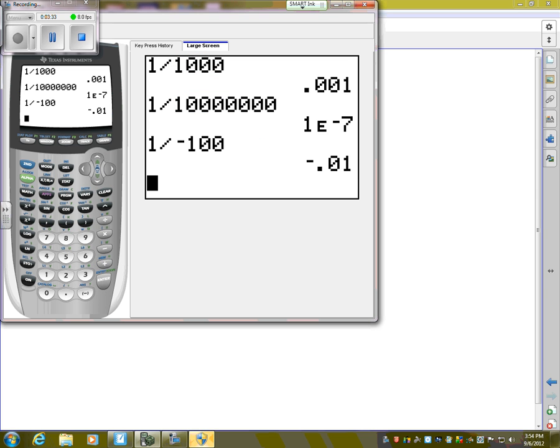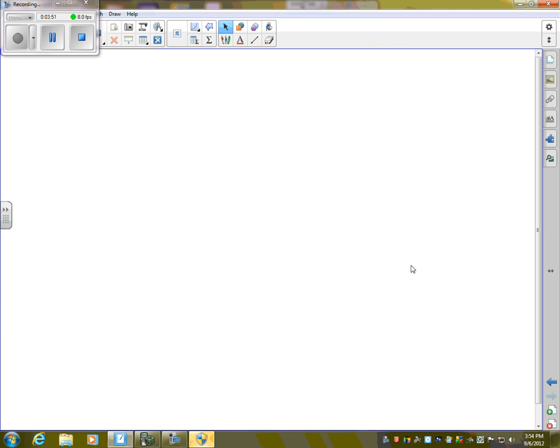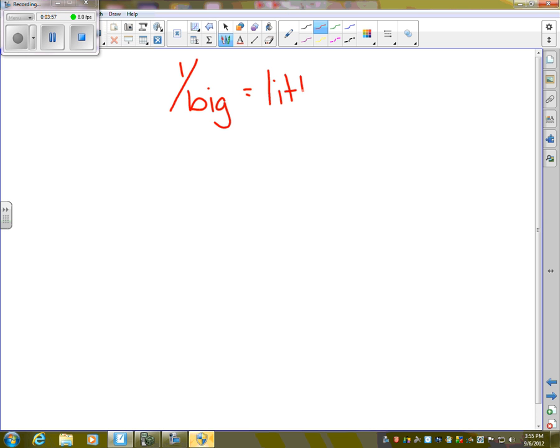And if I did 1 over negative 1, let's throw in a bunch of zeros, we're still getting a small number, so that keeps getting closer and closer to 0. So as I do 1 over a big number, my answer keeps coming out small. That is a really important concept. If we have 1 over big, our answer turns out to be little, which we're going to call 0.